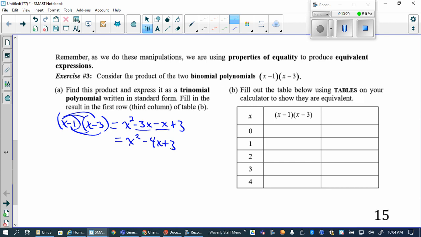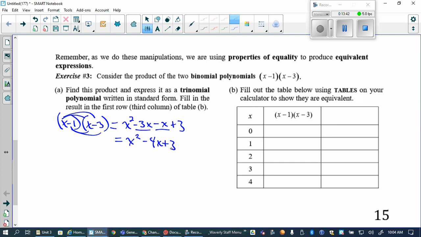Negative 3x minus another x gives you negative 4x. It went in here with the 4, negative 4. So if these two things are equal, wouldn't that mean that any value I put in for x in this one, if I put it in here, wouldn't the outcome be the same?